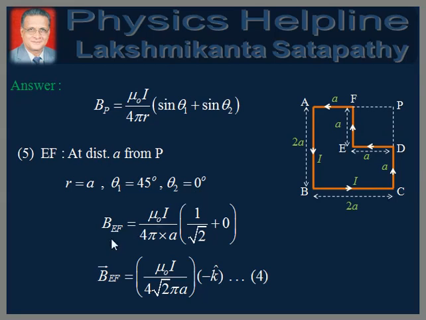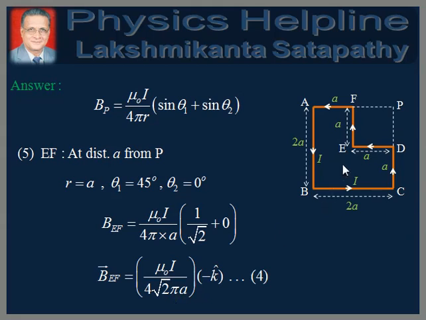Therefore, the magnetic field produced by EF is equal to mu 0 I by 4 pi into A into sin theta 1, which is sin 45, equal to 1 by root 2, plus sin theta 2, which is sin 0, equal to 0, which gives us B_EF is equal to mu 0 I by 4 root 2 pi A. Now for the direction.